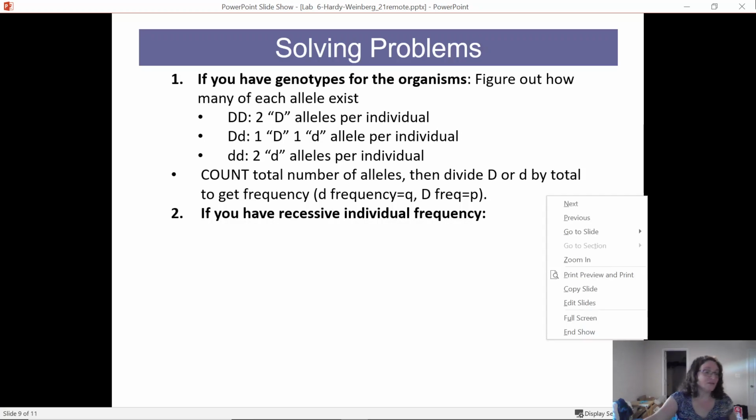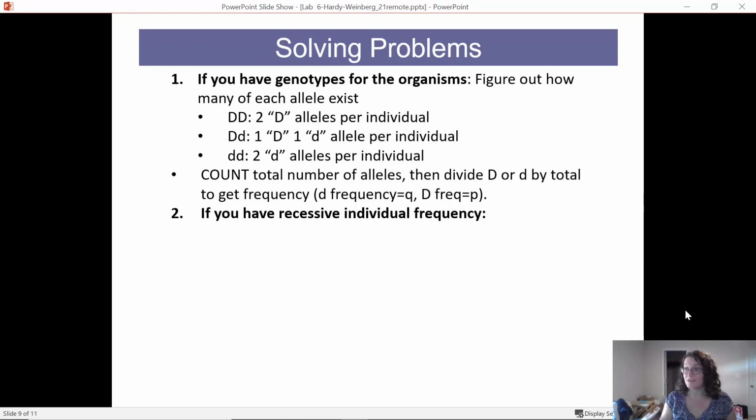You can tell who the little a individuals are, right? The idea is that you can tell who they are by q squared. q squared is the frequency of the homozygous recessive. They are the only ones who are going to express the recessive trait.